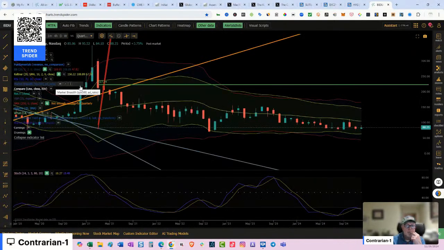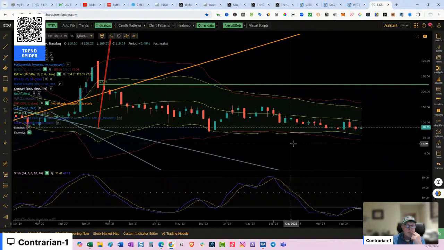Monthly chart. You would think with all of the liquidity that they're pumping into the economy there, that this would be doing something more, but it's not.